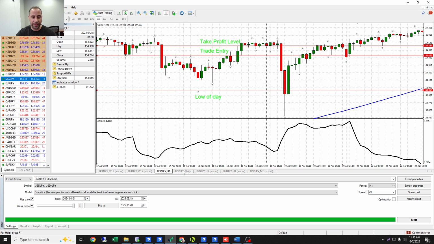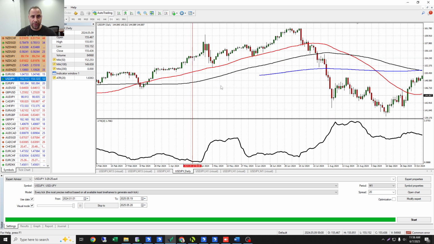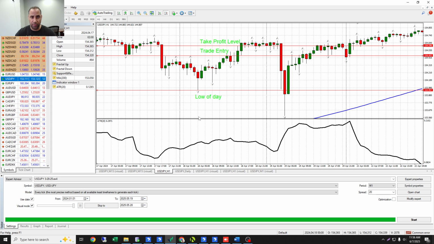So this is 4/18. If we go over here and look at the days and the ATR, if we hover over this, we'll see that this is on 4/18. The ATR value is 0.6878. If you multiply that by 1,000, because this is a USD yen pair, we get 687.80 as our ATR in points.